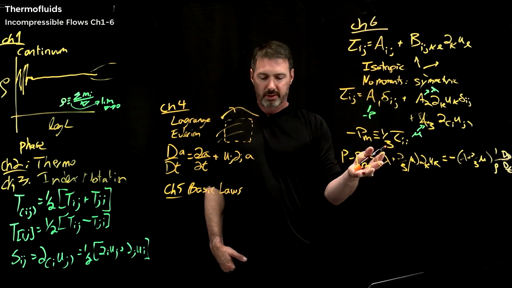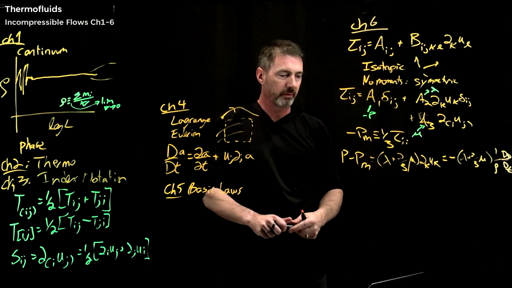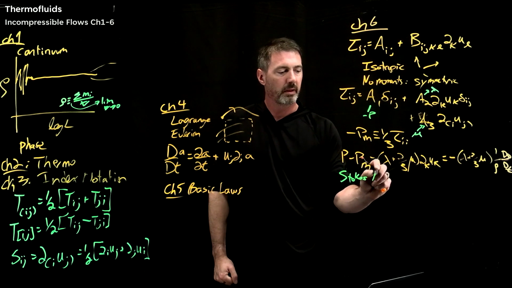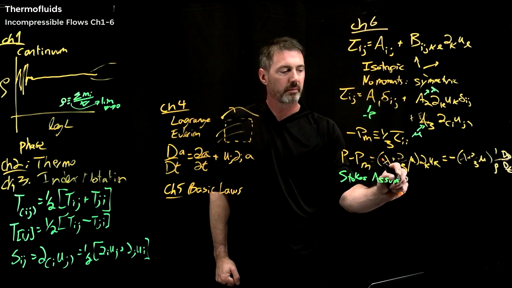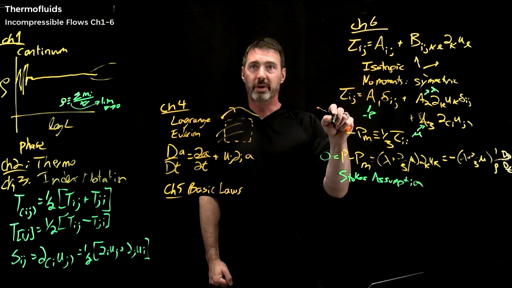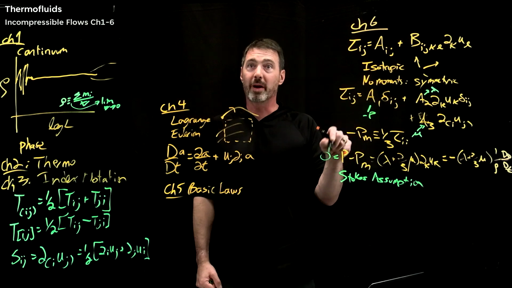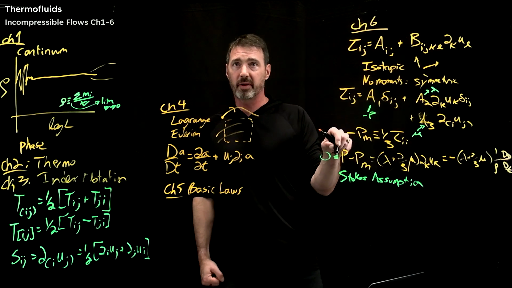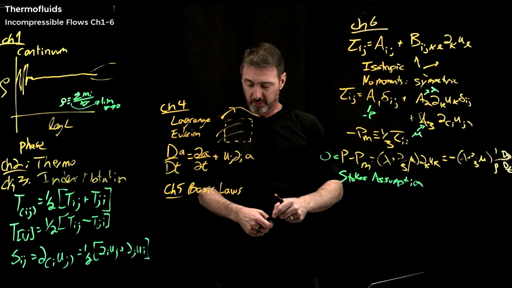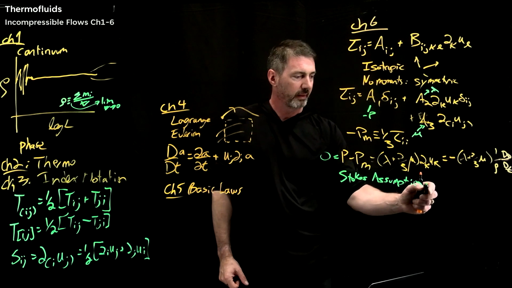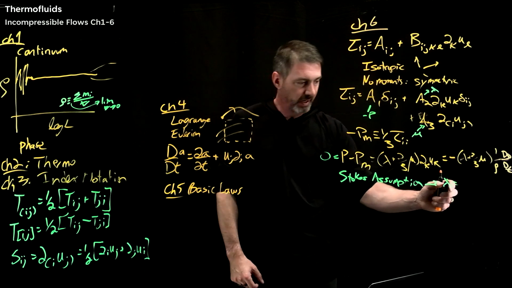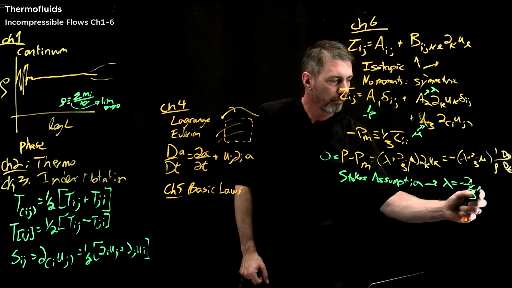And so the Stokes assumption, I'll write that in green, the Stokes assumption is that basically what we call the pressure and the mechanical pressure are one and the same thing. So we want to think of this thermodynamic pressure and mechanical pressure, we're going to call that the same thing. And so the result of that is that lambda is equal to minus 2/3 mu.